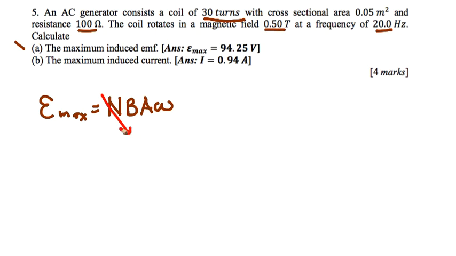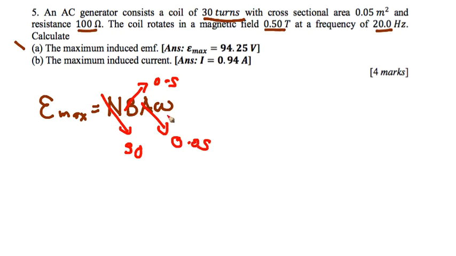So the number of turns is 30, the magnetic field strength B is 0.5 Tesla, and the cross-sectional area A is 0.05.